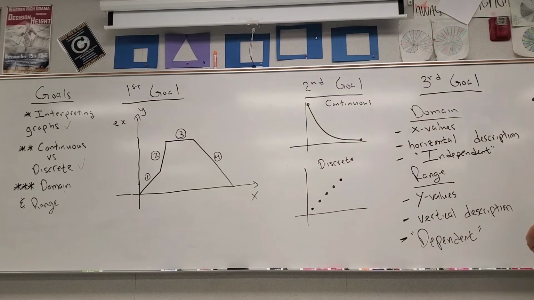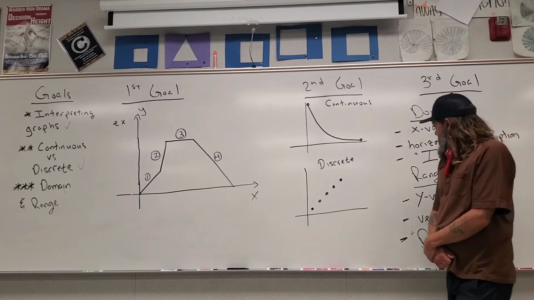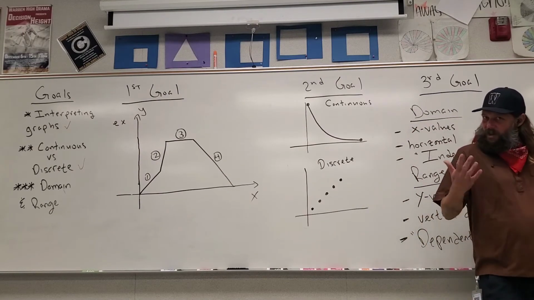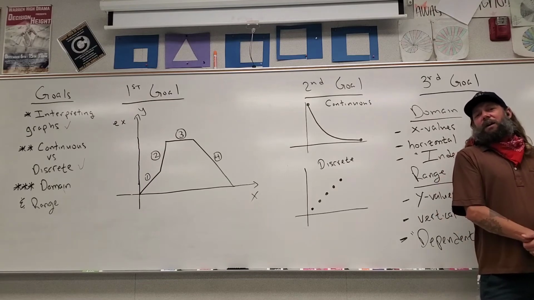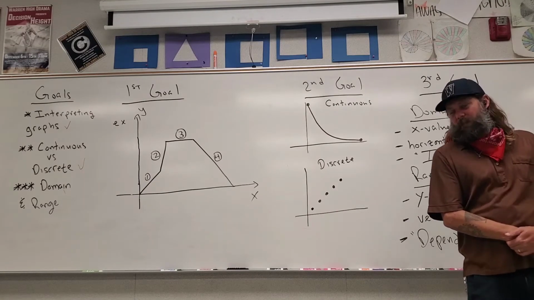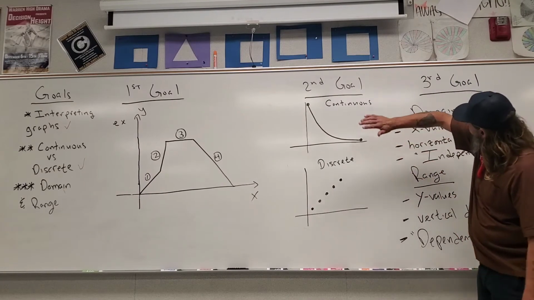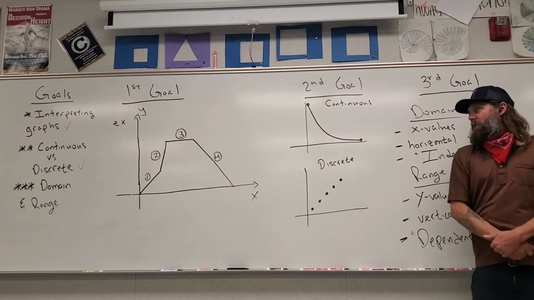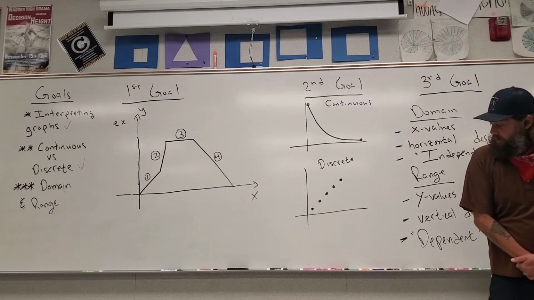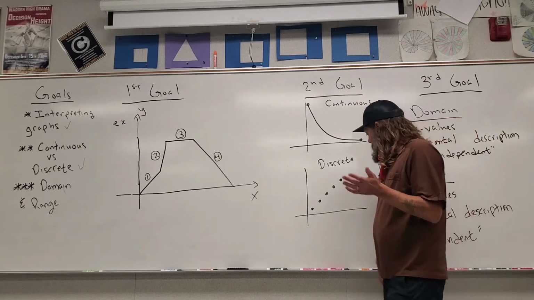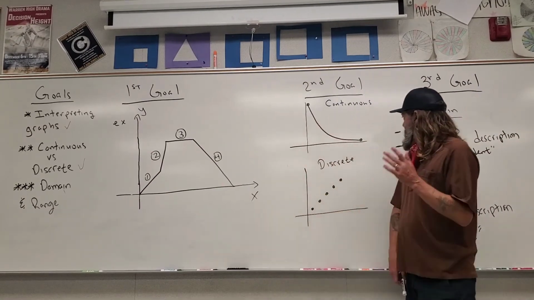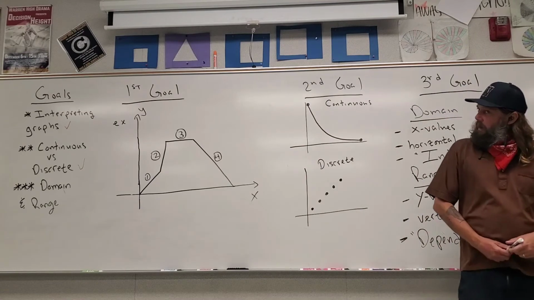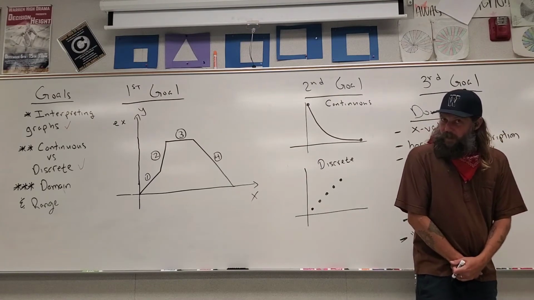Now, when we're talking about the horizontal description, we're just talking about how wide the graph is. You have to pay attention to what type of graph we're dealing with. Am I talking about the domain of a continuous graph, or the domain of a discrete graph? If we are talking about the domain of a continuous graph, the domain has to be an inequality, right?